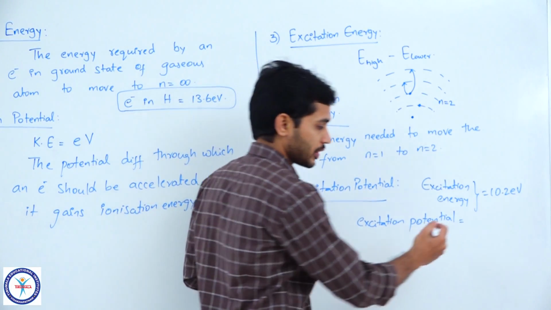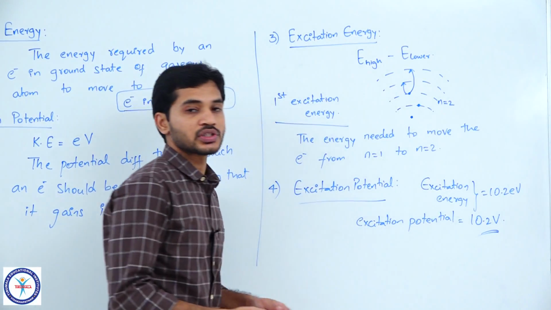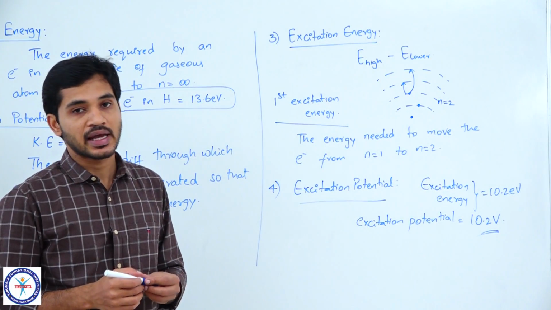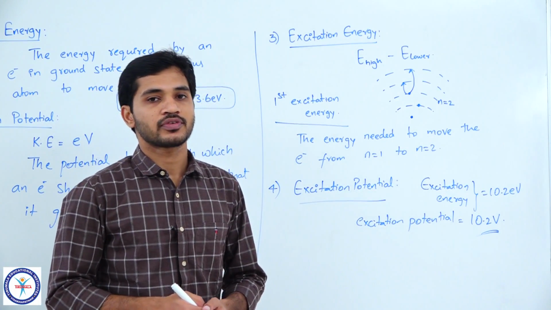Just 10.2 volts. So, 10.2 volts is the potential difference through which the electron should be accelerated so that it gains 10.2 electron volts of kinetic energy.